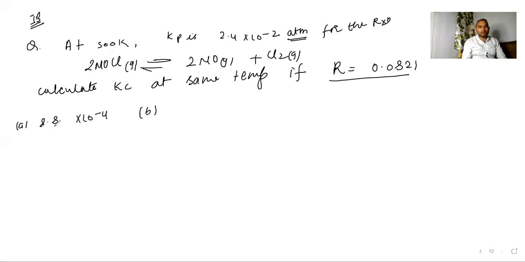B, 6.8 into 10 power minus 4. C, 5.84 into 10 power minus 4. And D, none.